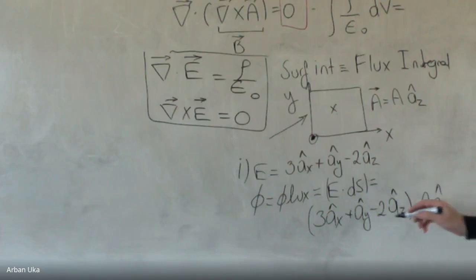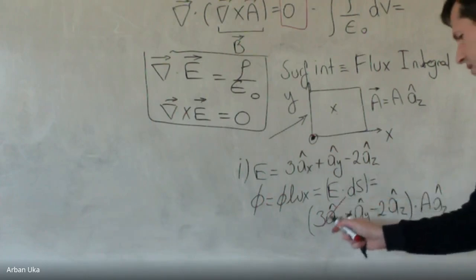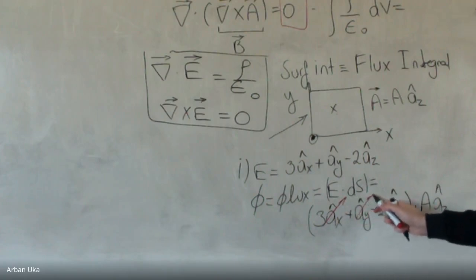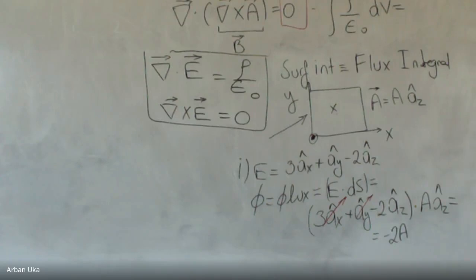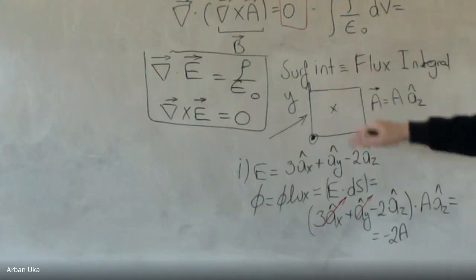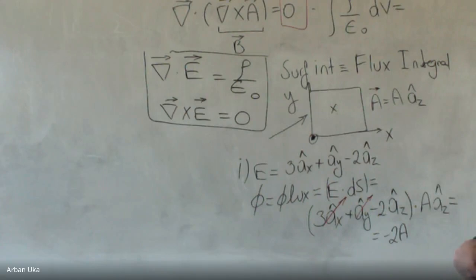So in this case, the dot product of these terms will be 0, because we know that the only term that survives is this minus 2az, okay, in this specific case. So again, this was just a small reminder of how we calculate the surface integrals.